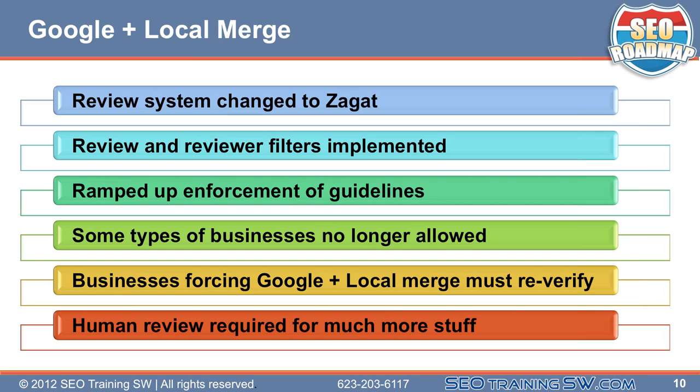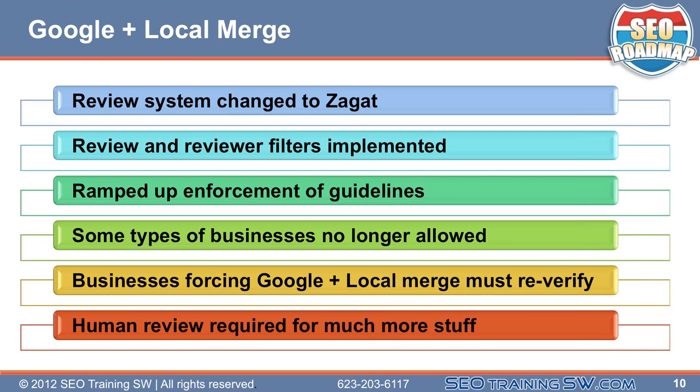Google Plus is again merging with local, and Google's bought Zagat, which was a review website for restaurants, and they're integrating a lot of that technology, a lot of that algorithm per se, into their regular Google Places and Google Plus algorithm.